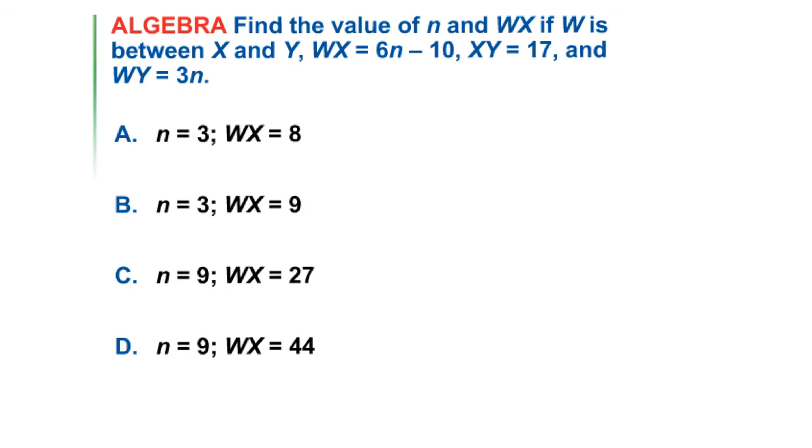Find the value of n and the length of segment WX if W is between X and Y, and WX is equal to 6n minus 10, XY is equal to 17, and WY is equal to 3n. So the most important part of a sentence is this: W is between X and Y. So this means that 3 points are collinear and W is between.